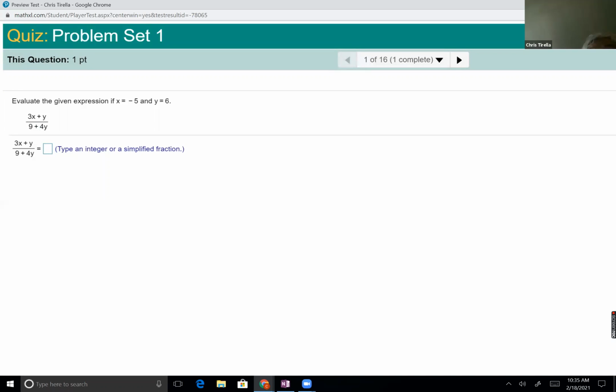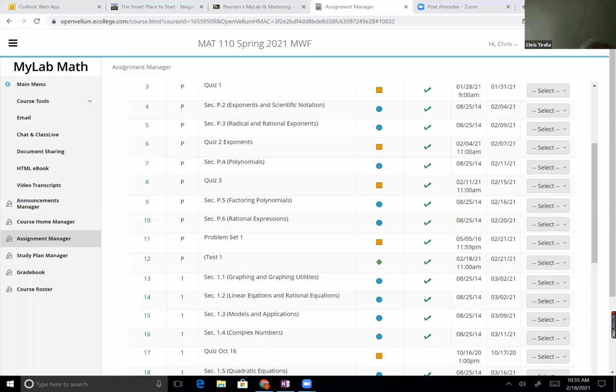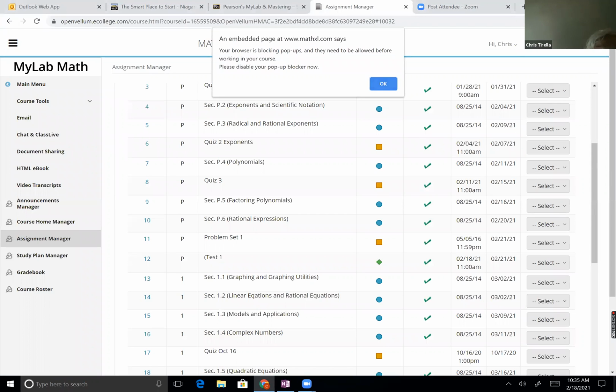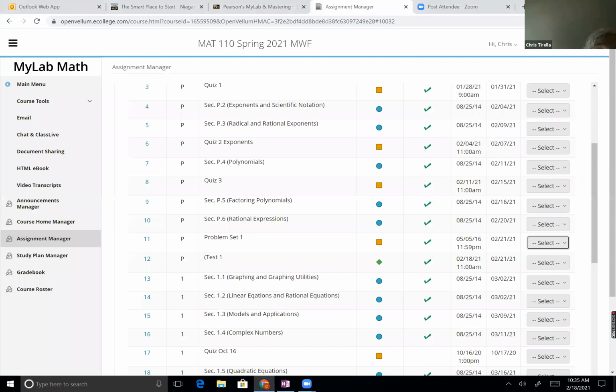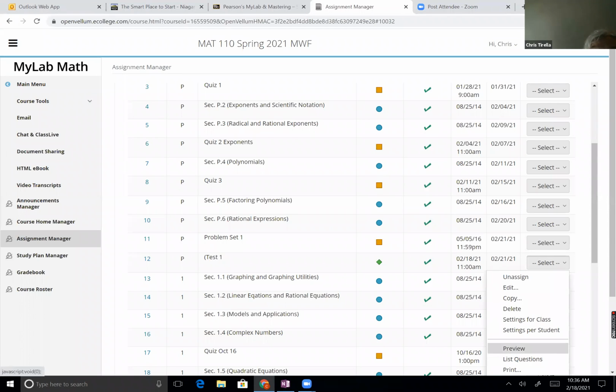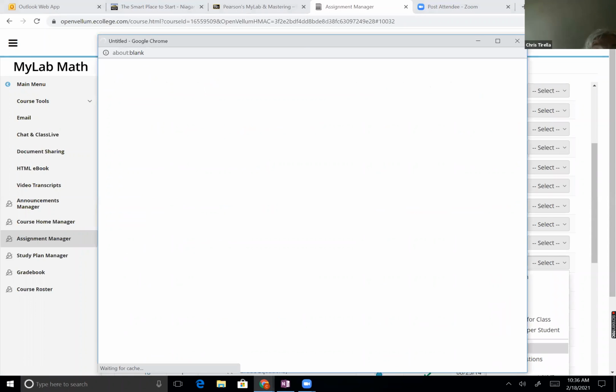What wasn't in this one that I know you're going to see on the test, so I can't believe I'm doing this, is a complex fraction. So I'm going to look at a version of the test and just scooch to the last question.